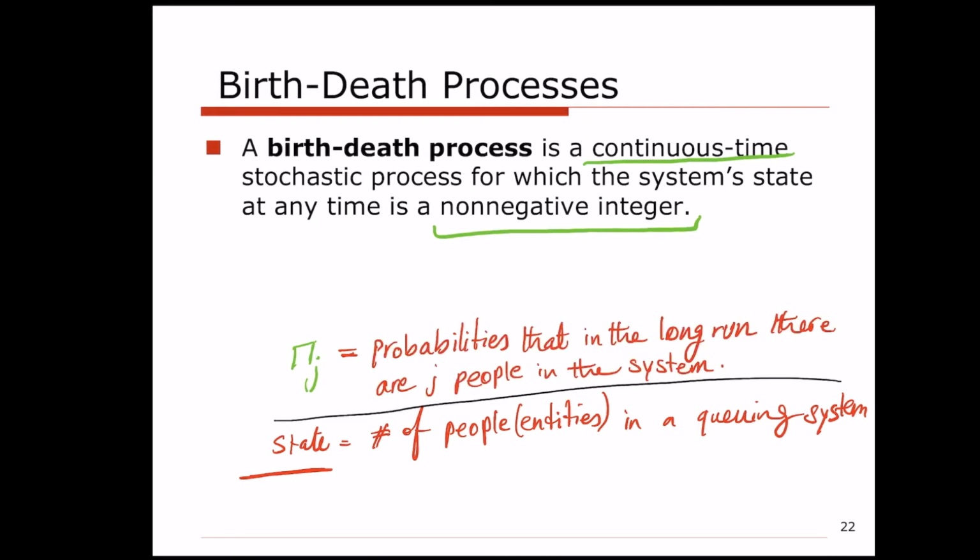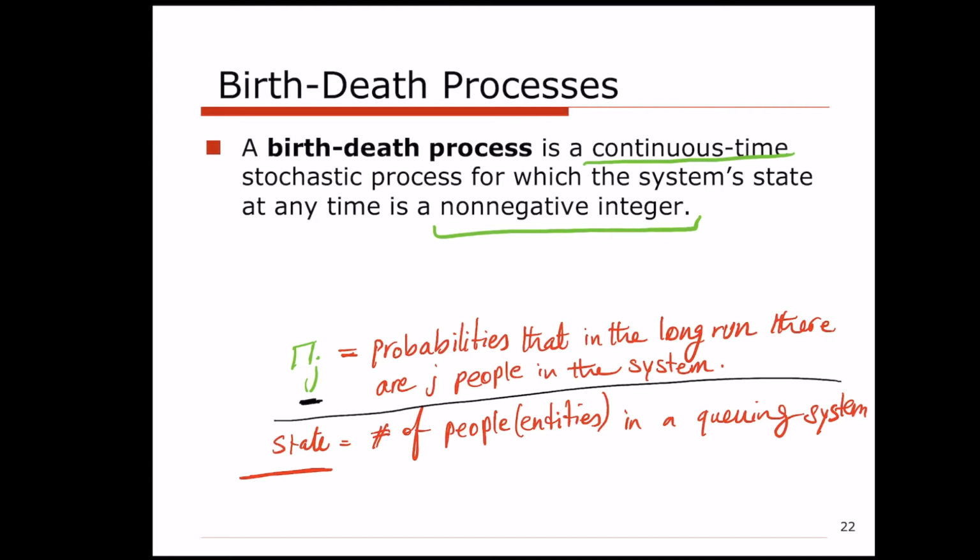Basically, let the system run, let these entities come to the system, let the entities leave the system, and all these transitions happen. Then if we stop the system at any point of time and look at the number of people in the system, what is the probability that there are j people in the system? That's what these steady state probabilities mean.